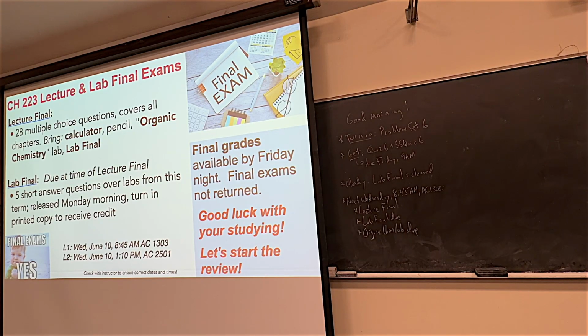28 multiple choice questions. Make sure you bring your calculator, bring something to write with, and as I said earlier, the organic chemistry lab will be due, and the lab final will be due. If you don't have these ready to go, your score will be a 0, so bring them along. All right, there's no turning them in late or something like that. The lab final, which you'll get on Monday, will have 5 short answer questions, all right, over the different labs we've done.